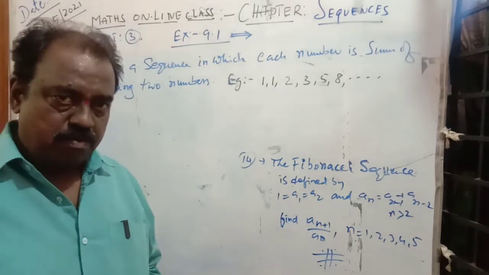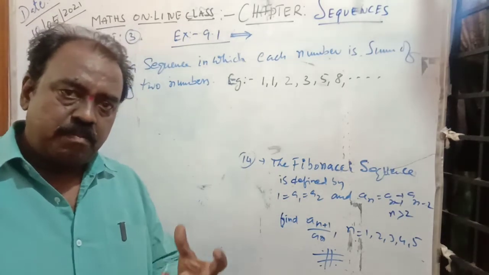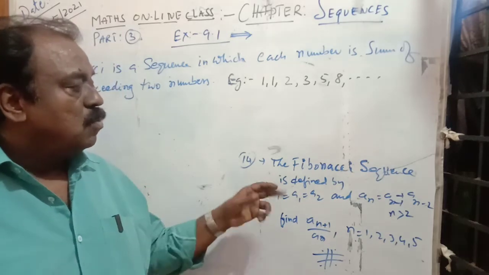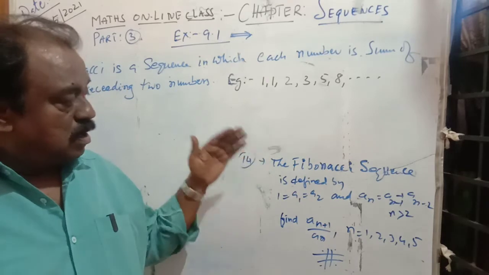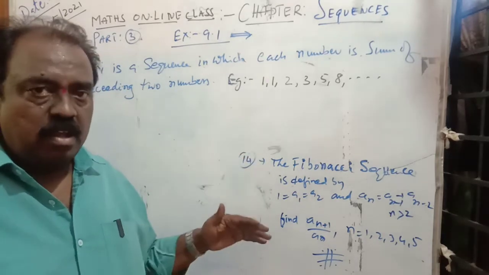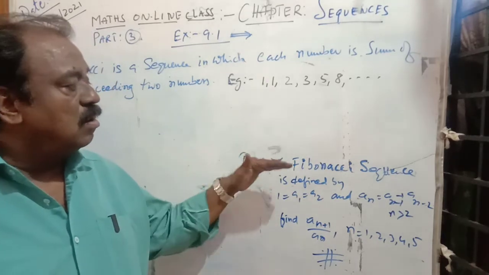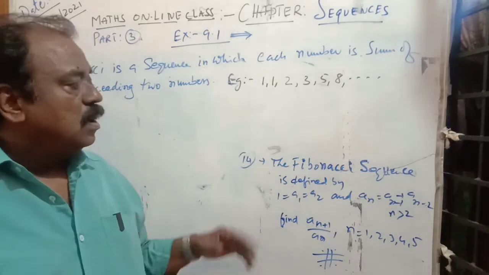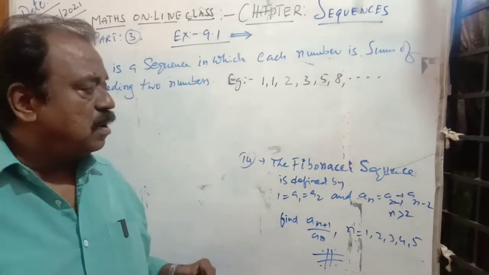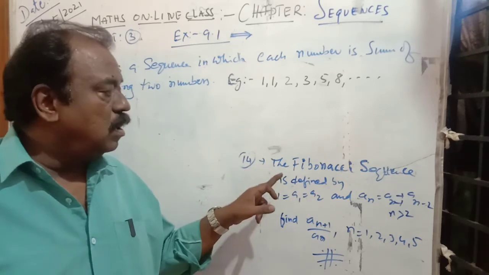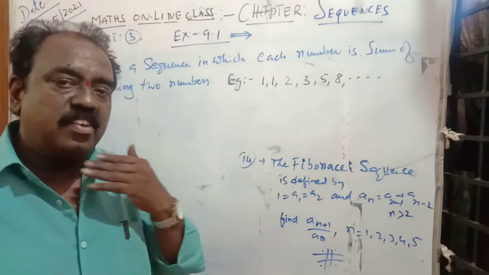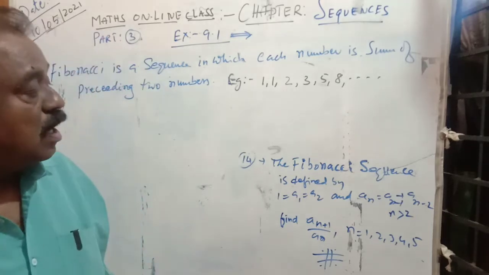Fibonacci is the name of a family of a person, a mathematician. Fibonacci is the name of the family, and a person, his son, his grandson are all mathematicians. They found different types of series. The father, his name also Fibonacci.